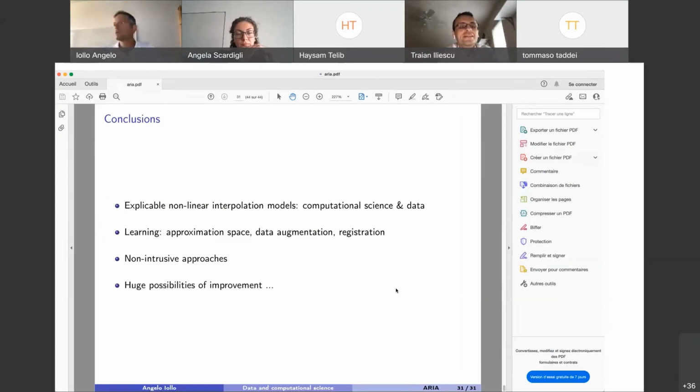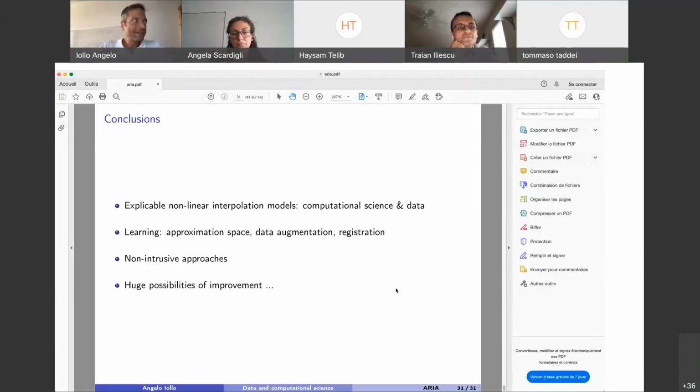Okay, so indeed, there are ideas that go in this direction, to my knowledge, that are linked mostly to artificial neural networks to get to the same results. Okay. Right. So how does it compare?